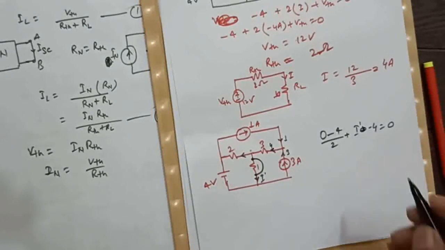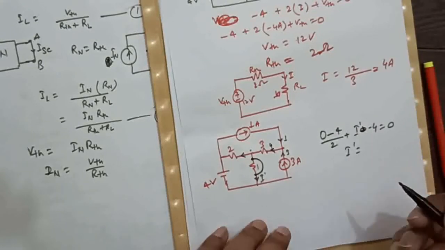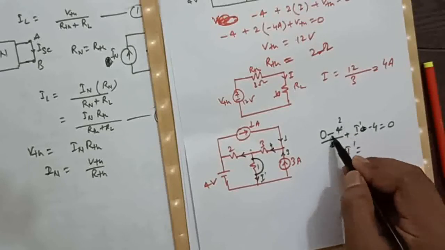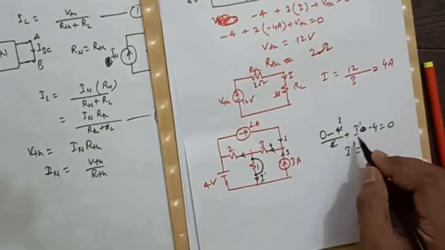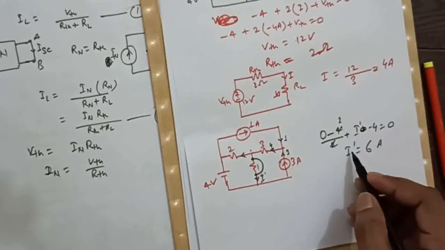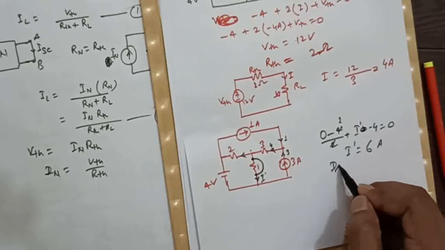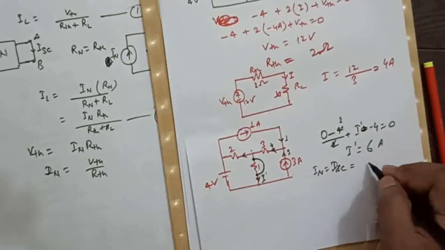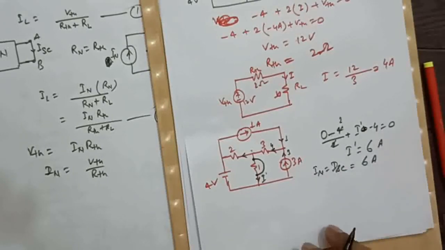So from here, I dash is minus 2 minus 4, minus 6, it will be 6 ampere. But this is nothing but ISC, short circuit current, or the Norton current, which is 6 ampere.